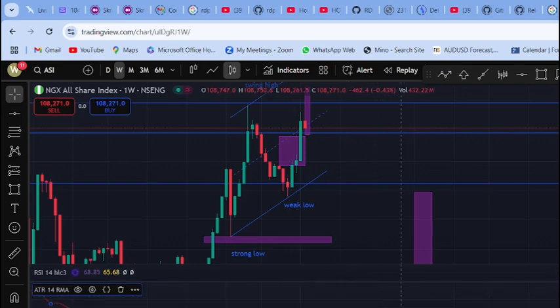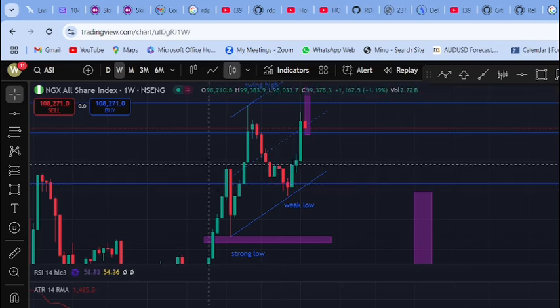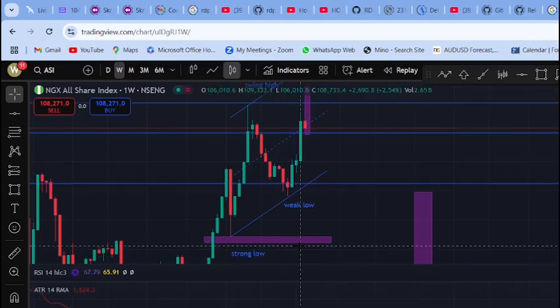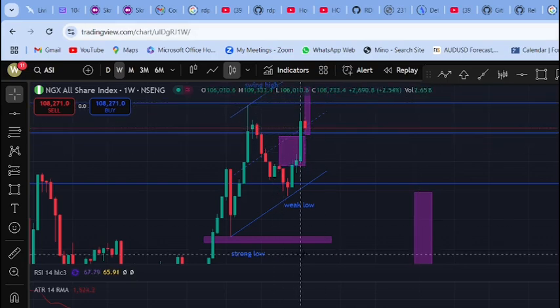What is most important in this indicator to me is actually not this line, because I don't really follow that line. What I follow is the average range of the current candle. This is 7, the average range of this 7.